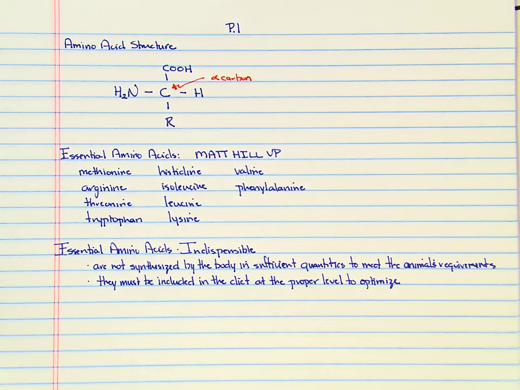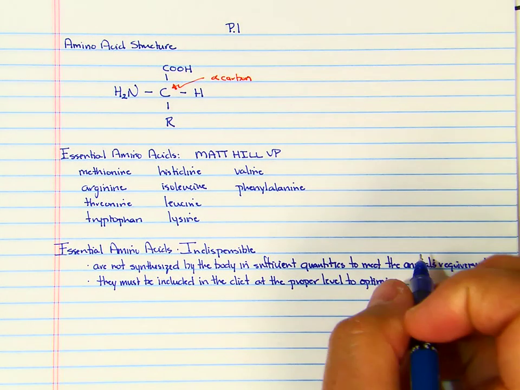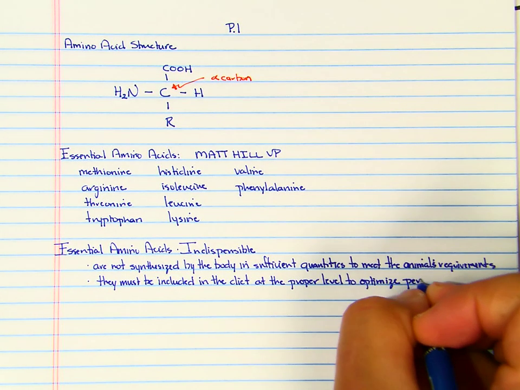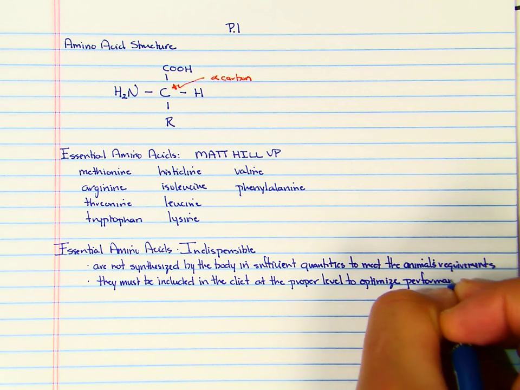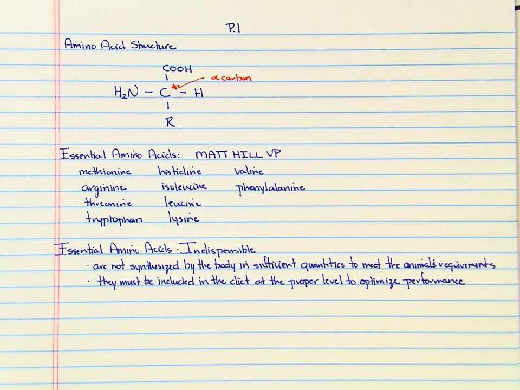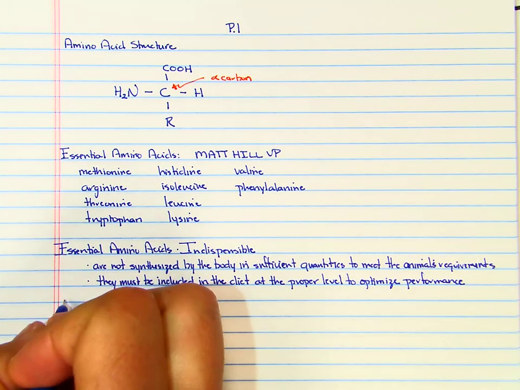You could use maximize if you want. I like optimize better, because maximization can sometimes be expensive. Non-essential amino acids.